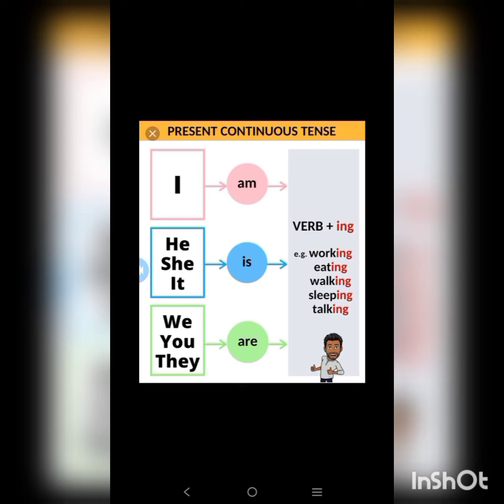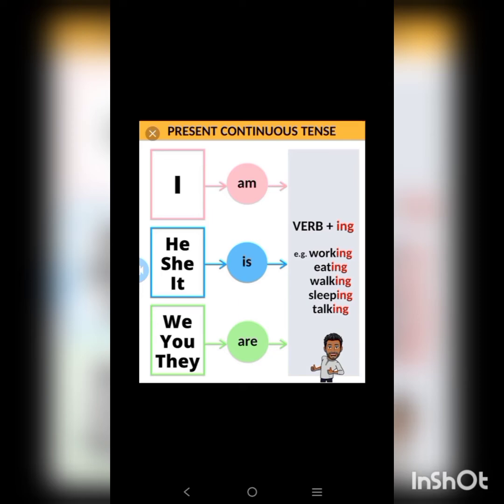Okay, working, eating, walking, sleeping, talking. So I am working, he is working, we are working. For I we will use am; he, she, it we will use is because he, she, it is singular, is it? So we will use is.